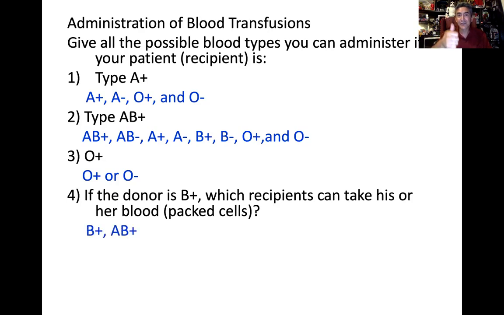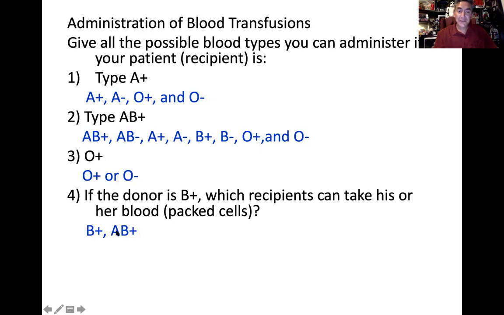Did you get it right? So again, if you are B positive, people with B positive blood can receive your blood, but people with B negative cannot. Remember, a positive blood cannot be given to a negative recipient.